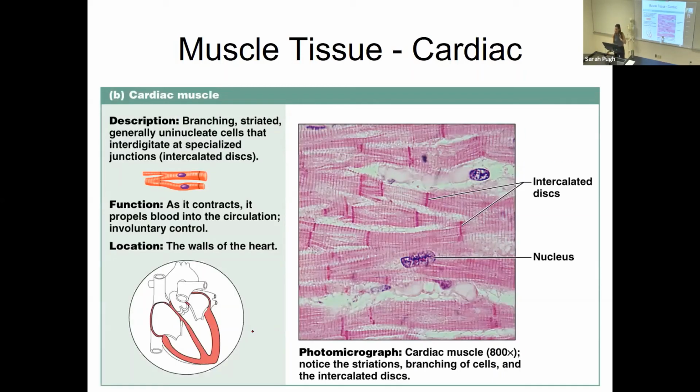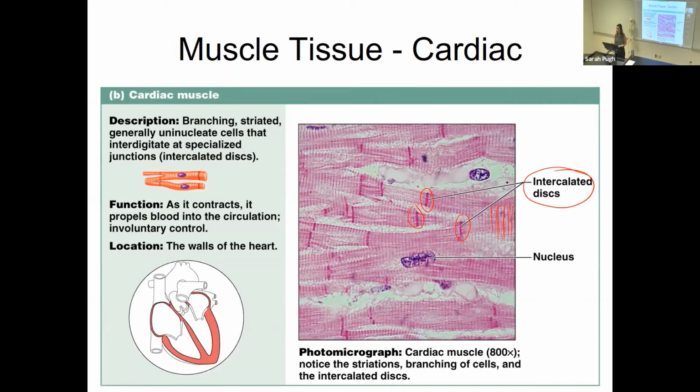This is an image of cardiac muscle under the microscope. What you're going to notice in terms of similarities with skeletal muscle is you have these little striations in here. But to me, the distinguishing characteristic are these bands, these intercalated discs. Another thing you might notice is that you don't see a lot of nuclei.